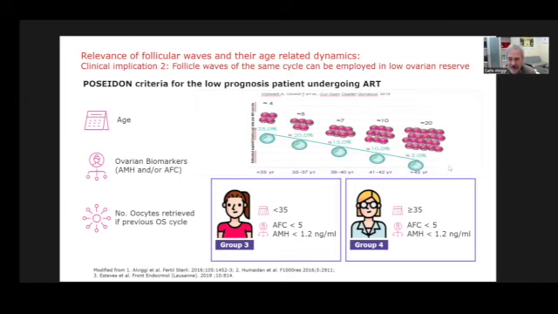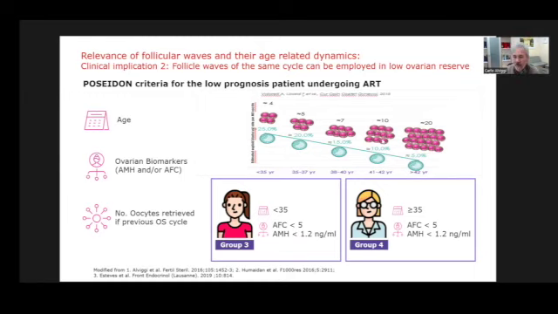For instance, it has been calculated that for having at least one euploid blastocyst in a patient above 40, you need between 10 and 20 oocytes because the rate of aneuploidies is very high. Even 90% or 95% of embryos are aneuploid above 42 years of age.